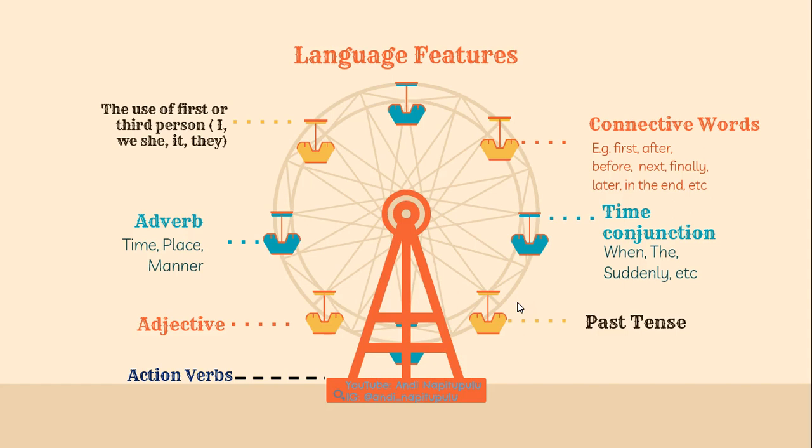Okay, first in here you have to use the first or the third person. For example, I, we, she, it, they. This is to show the actor. If you use I, it means that you create your own story, right?